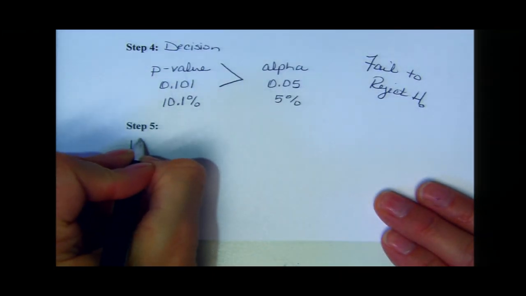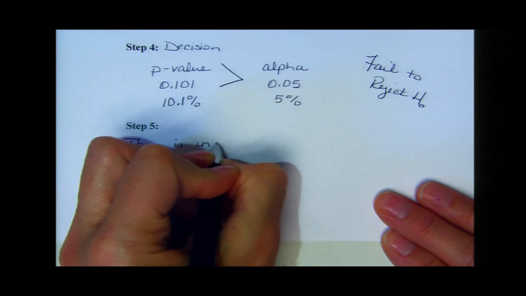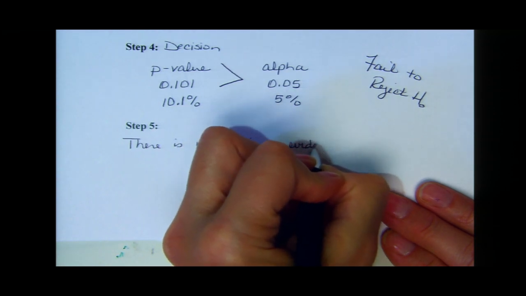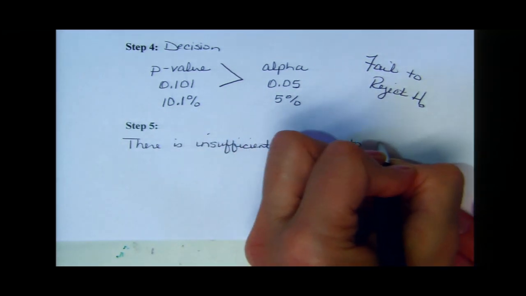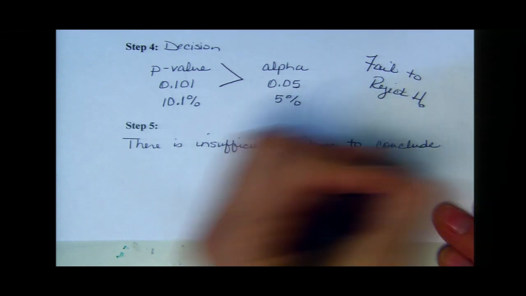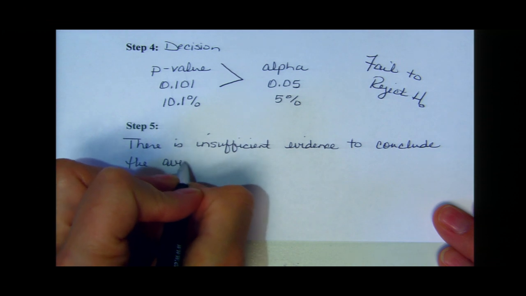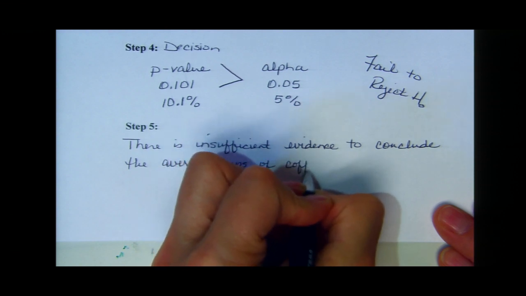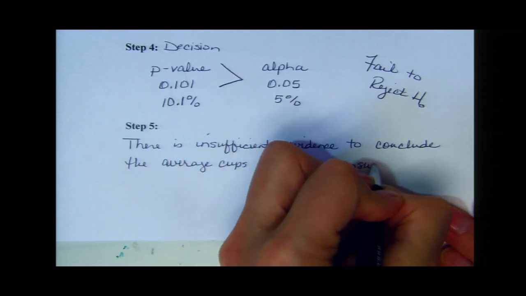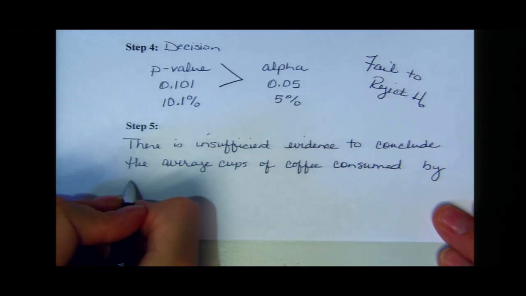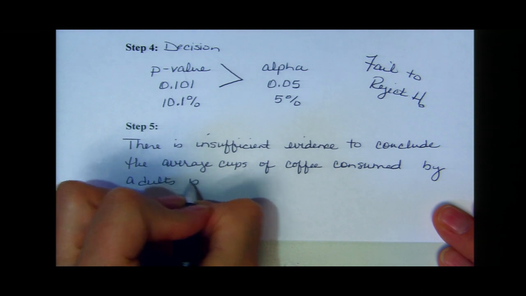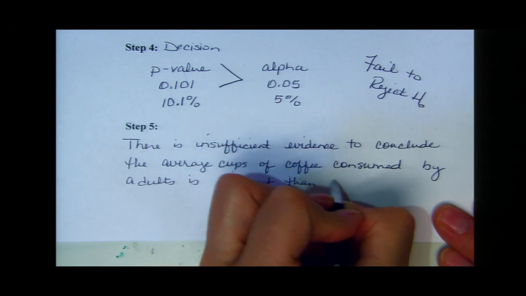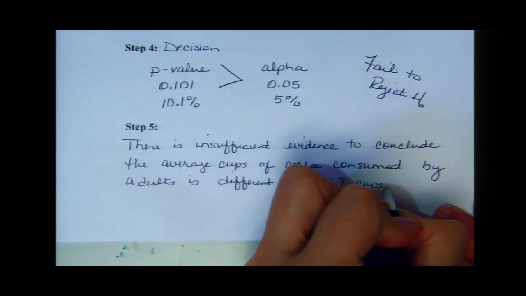So now there is insufficient evidence to conclude the average cups of coffee consumed by adults is different than 1.7 cups.